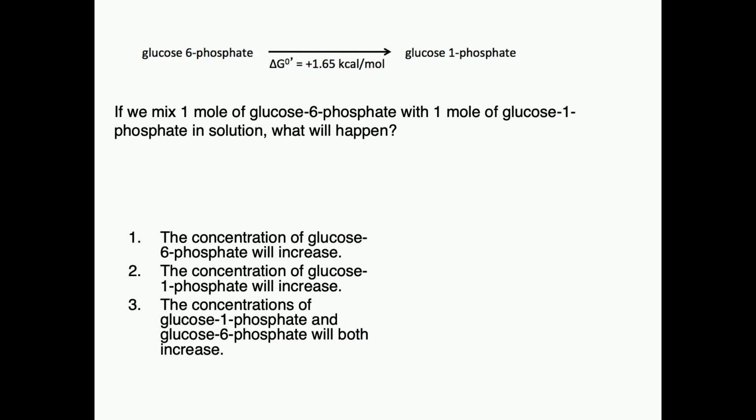Okay, little clicker question here. If we had that starting condition of 1 mole of glucose 6-phosphate and 1 mole of glucose 1-phosphate in a test tube, what would happen to that reaction given that we know what the delta G0 prime is?